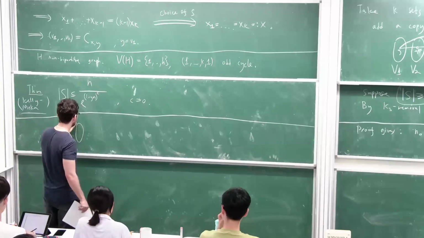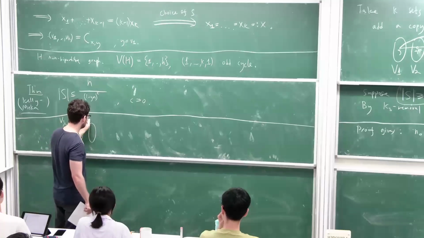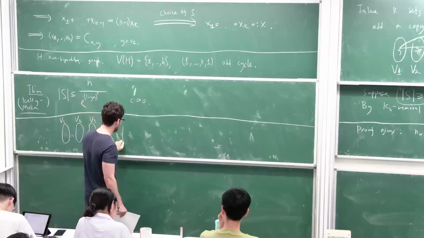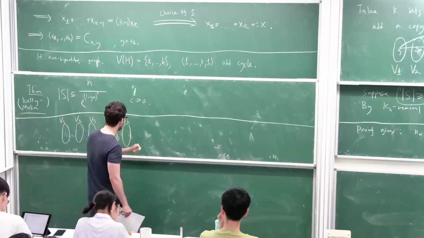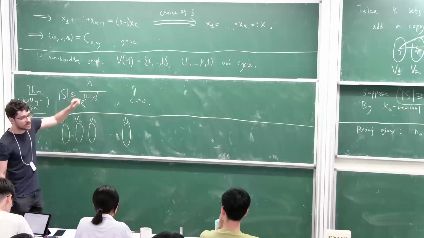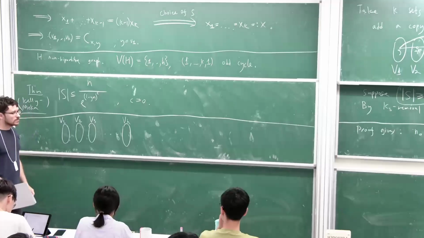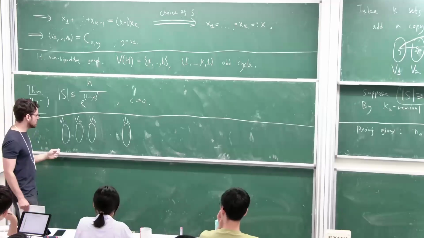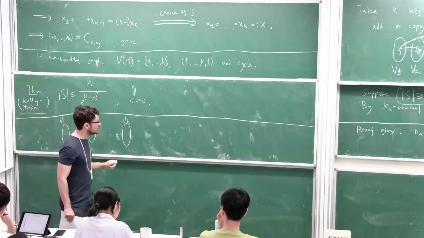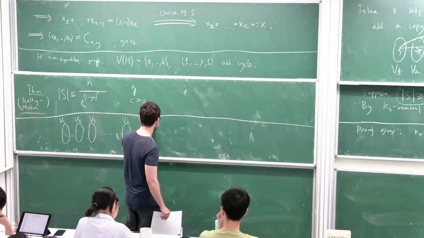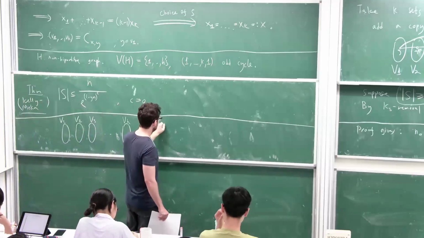sets V1, V2, V3, and so on, up to V_h. So now H has h vertices. So here's the first attempt.